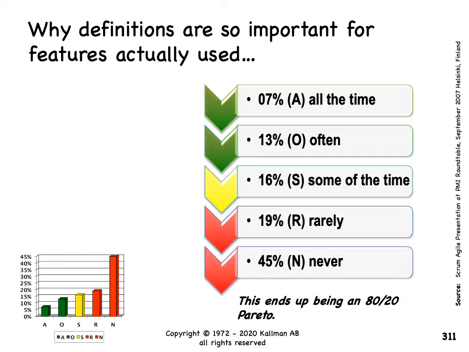This slide I recently brought back out of retirement, and I've been using this slide for quite a while. This was from a Scrum Agile presentation, September 2007. So for the better part of 13 years, I've been using this slide to sort of demonstrate the importance of definitions and why those are so important.